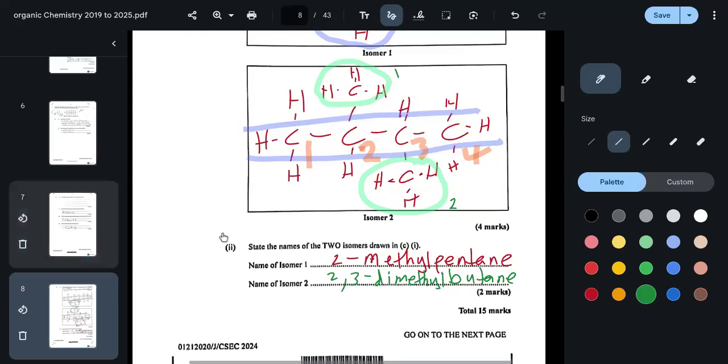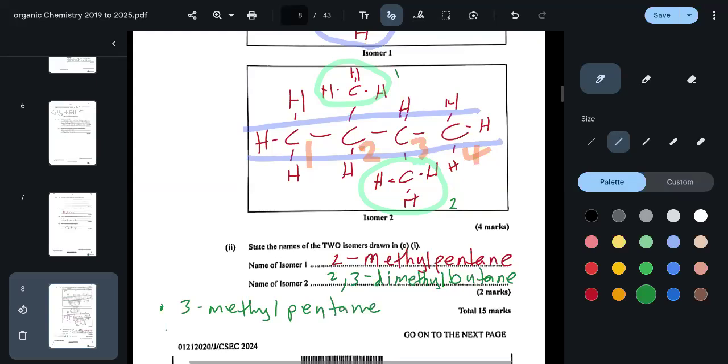I could have chosen to put both of them on carbon 2, in which case it would have been 2,2-dimethyl. So that's an isomer, 2,2-dimethyl. Let me put the names of the other isomers. 3-methyl pentane.